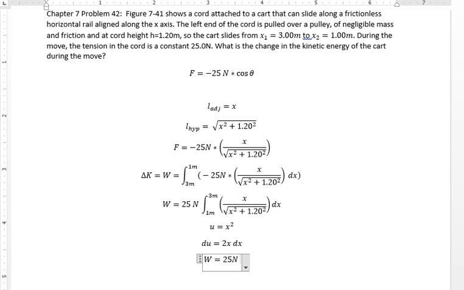Now we can rewrite this as 25 newtons, and now the limits. The lower limit is u equals 1 squared, which is 1. The upper limit, u equals 3 squared, is 9. And now we need du. Du is 2x dx, so x dx is 1/2 du, divided by the square root of u plus 1.20 squared.